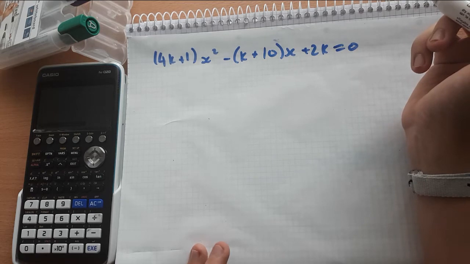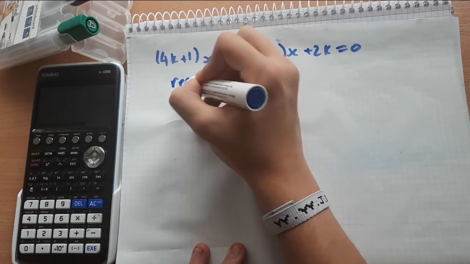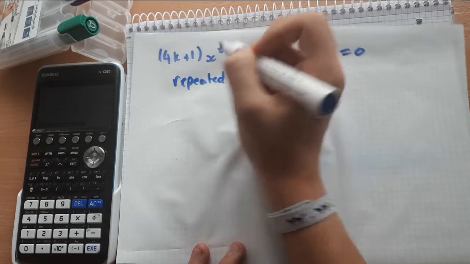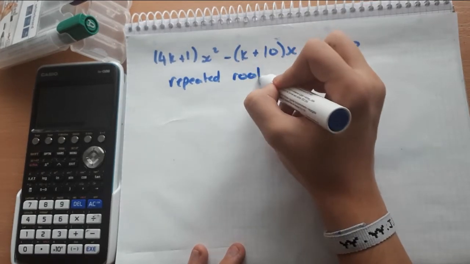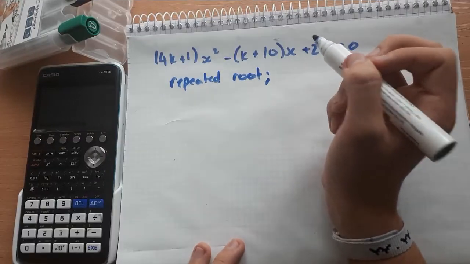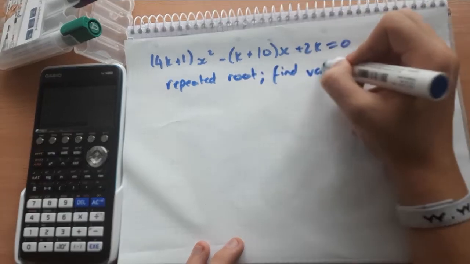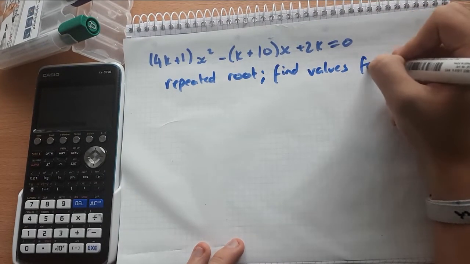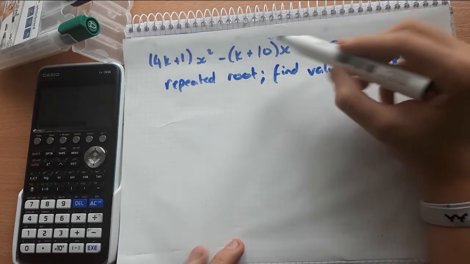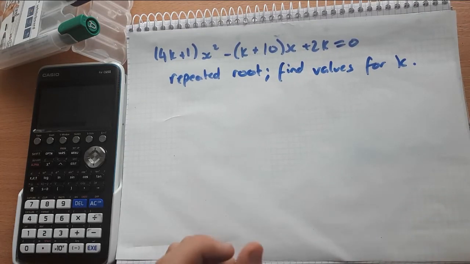And the question is, if it has a repeated root, find values for k. So k in here is obviously going to be some answer, and if it has a repeated root, it can only be a certain number of answers.